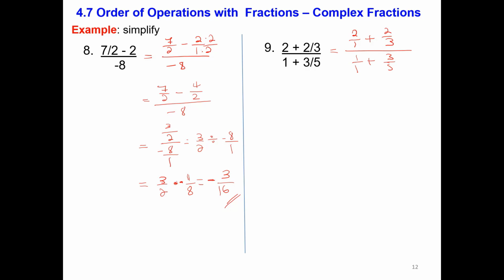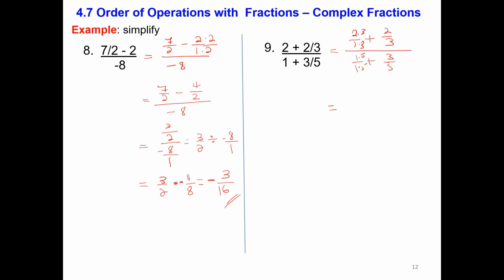And let's solve first the numerator. The LCD of 1 and 3 is 3. Then we need to multiply this by 3, this by 3. The LCD in the case of the denominator is 5. The LCD of 1 and 5 is 5. Then to get 5 as the denominator, we need to multiply this one by 5.